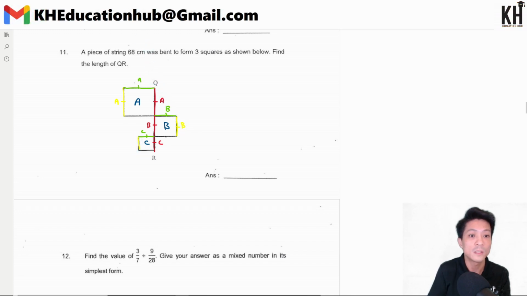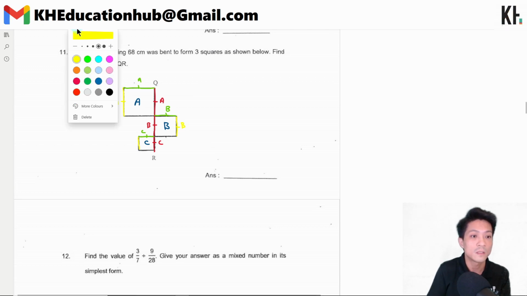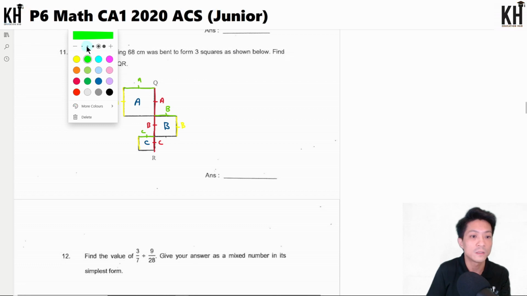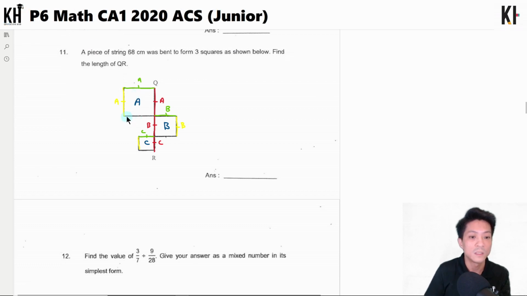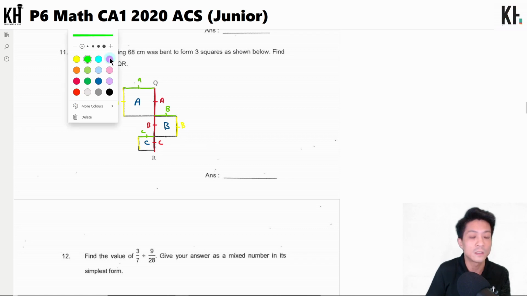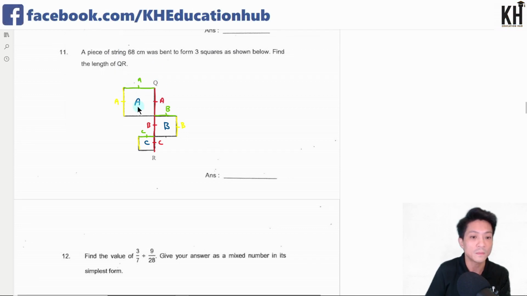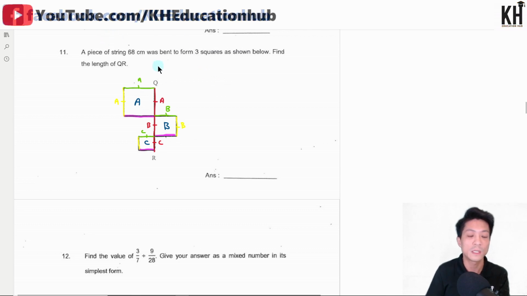And then the last one, I'm going to use the pink. This plus this plus this. So in total there are 4 different QR.